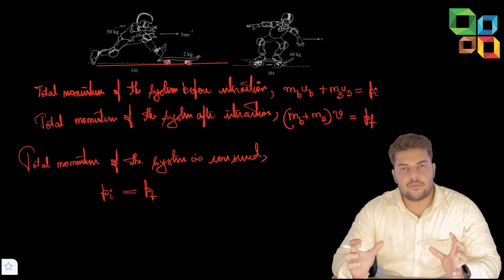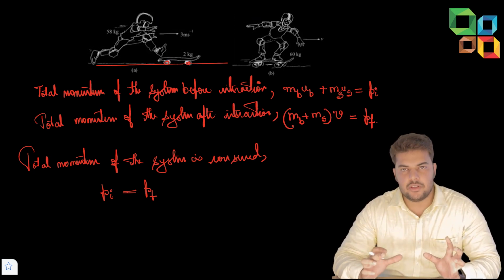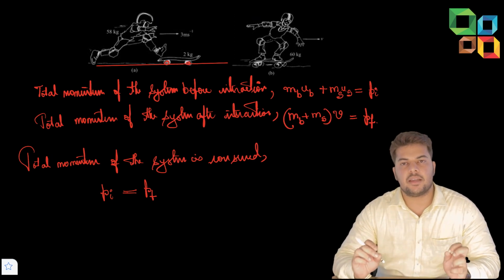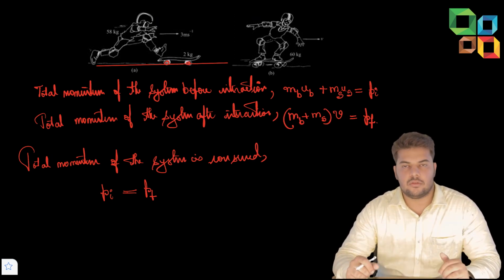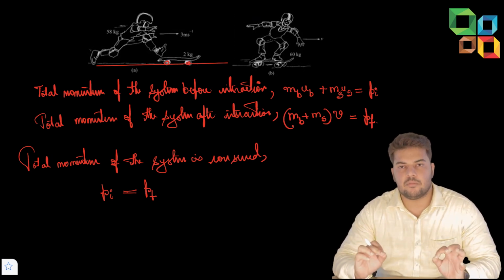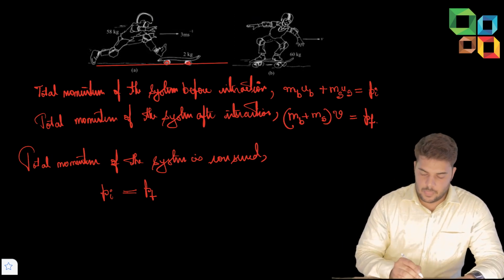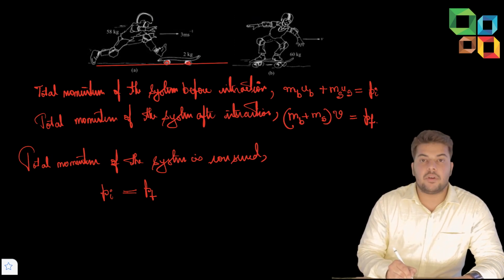If the total momentum of the system has to change, then there must be some external agency to change that momentum. In the absence of such an agency, the total momentum of the system remains conserved.